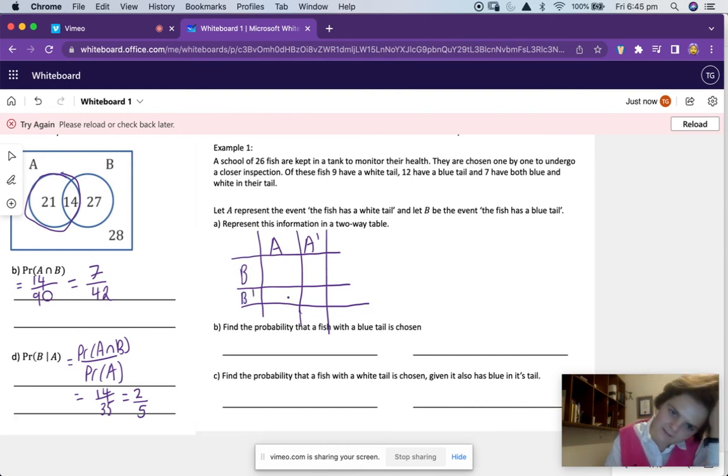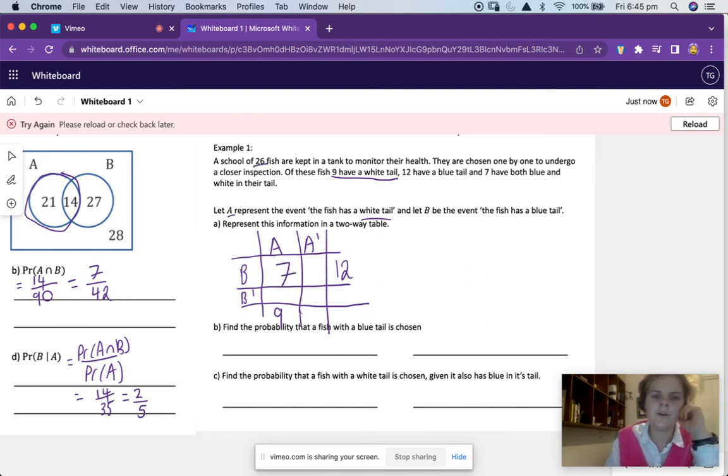B is that it has a blue tail. And figure out what we got going on here. So 9 have a white tail. And A is the fish has a white tail. So that means we've got a total of 9 here. 12 have a blue tail. So that means we've got 12 fish here that have a blue tail. 7 have both blue and white. So we're going to chuck the 7 in here.